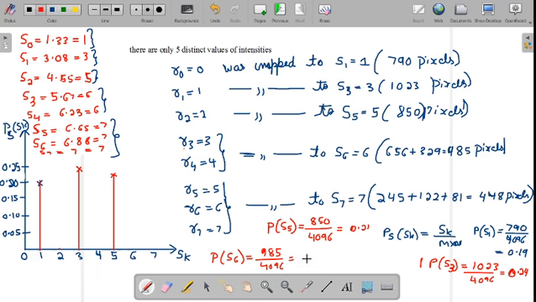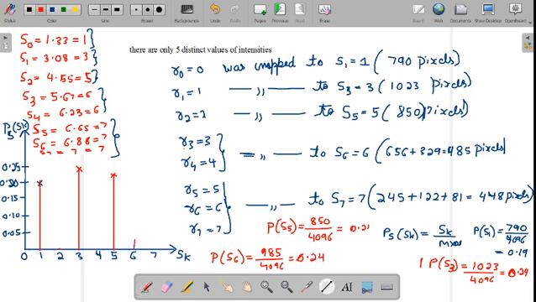What is the value? 985 by 4096 is 0.24. Okay, so this is 0.24.